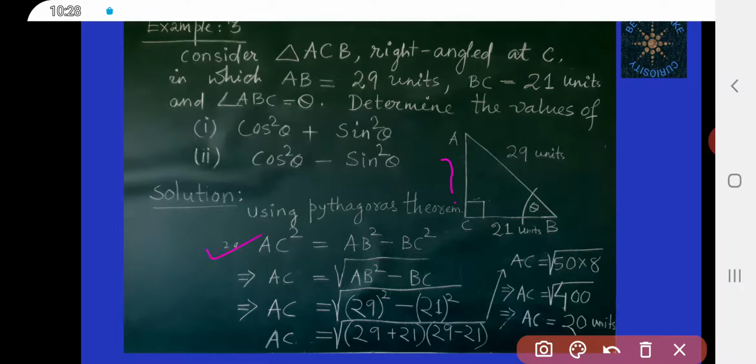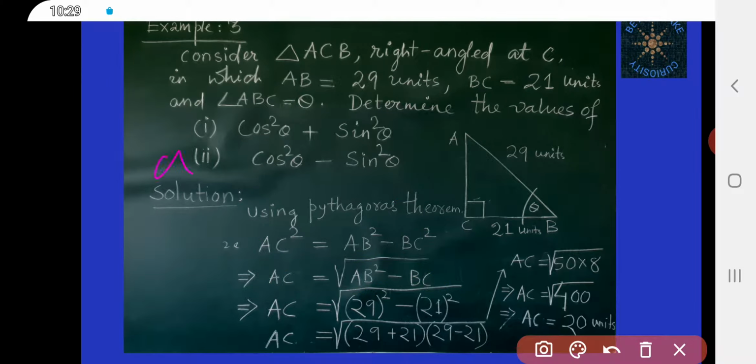We can write AC square is equal to AB square minus BC square, and AC is equal to the square root of AB square minus BC square. And you know AB is here 29 units and BC is here 21 units. So the square root of 29 square minus 21 square.